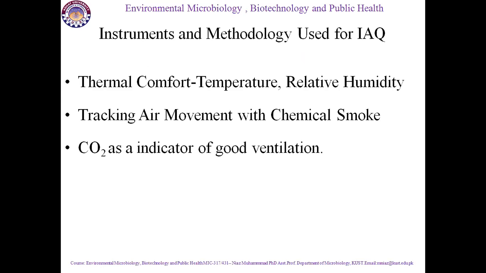Carbon dioxide is an indicator of good ventilation. We must check the carbon dioxide concentration inside and outside the building. If it is too high inside compared to outside, the air quality is compromised and the ventilation system is not working properly.